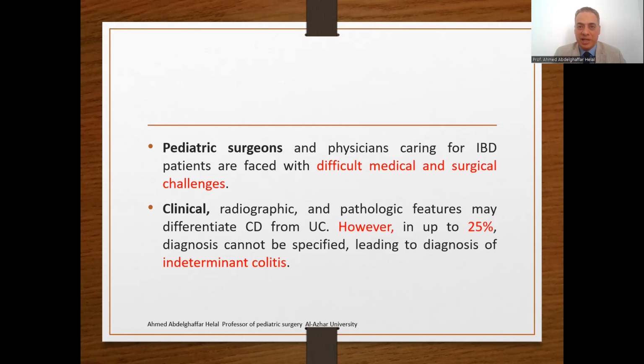Although the clinical, radiological, and pathological features may differentiate Crohn's disease from ulcerative colitis, in up to 25% the diagnosis cannot be specified, leading to the diagnosis of indeterminate colitis.